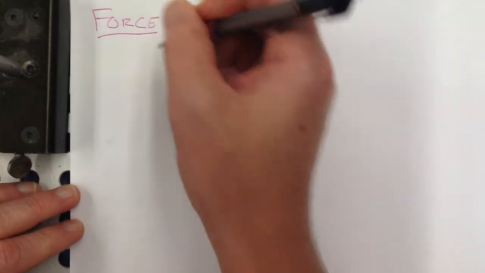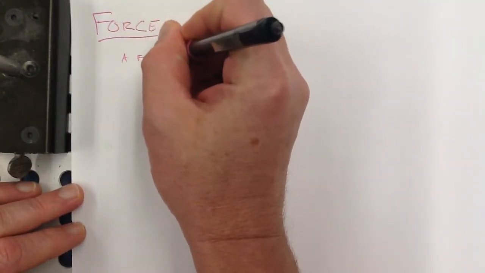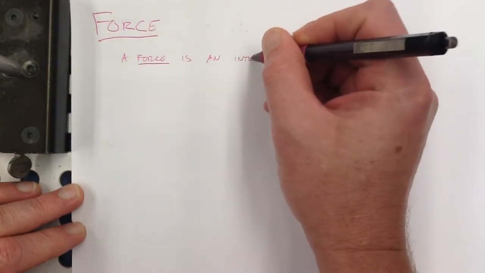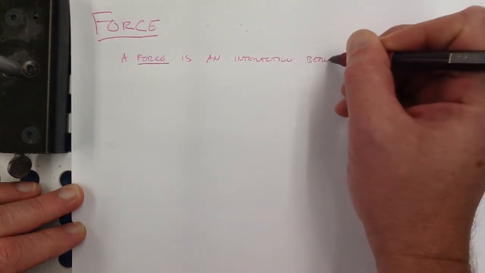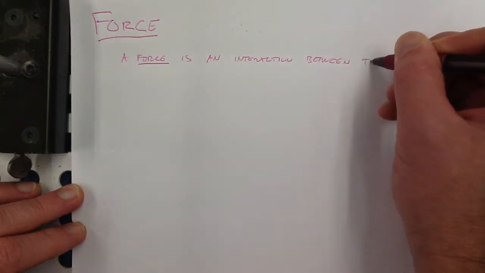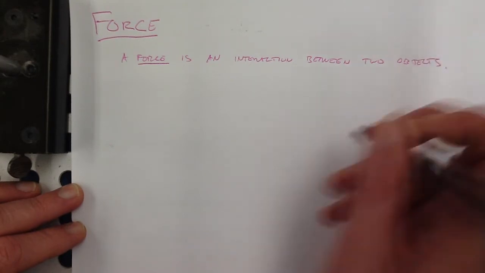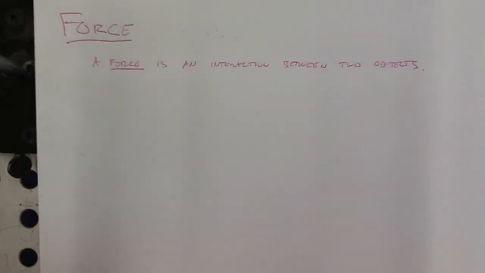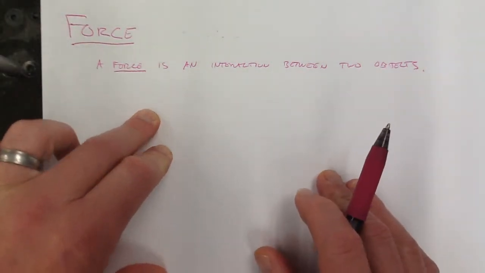Our operational definition of a force is that a force is an interaction between two objects. The force is that actual interaction. Now that interaction will be experienced by both of the objects that are interacting, of course.